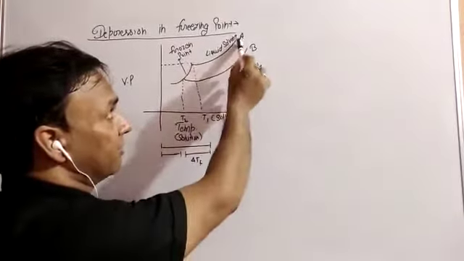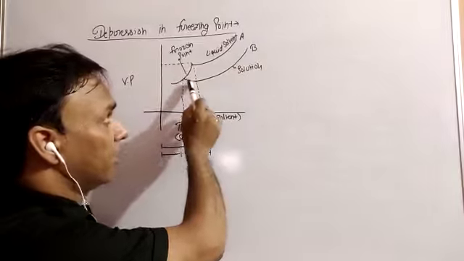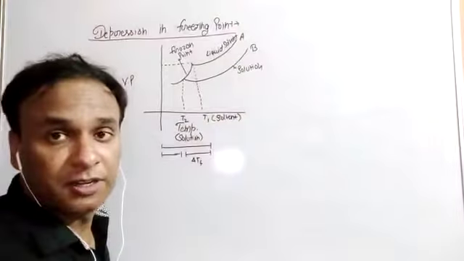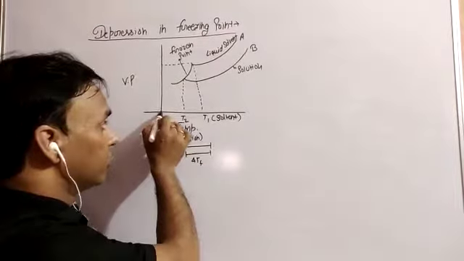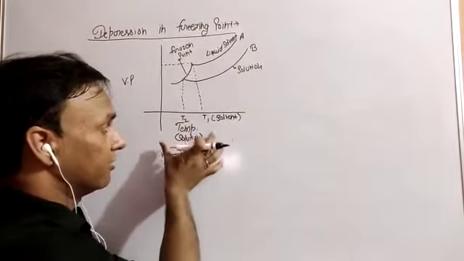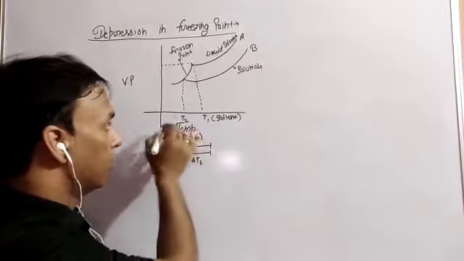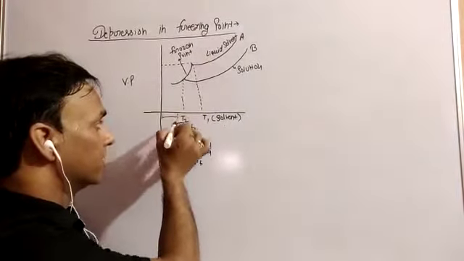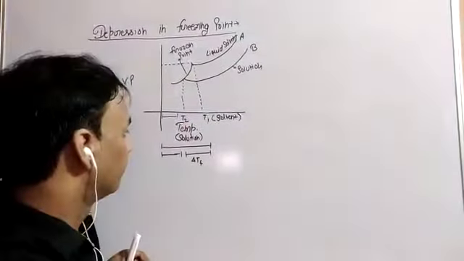This graph represents the liquid solvent, and this is the frozen point, and this is the solution. Clear? Now from the origin to T1, this is the temperature of the solvent, and from this point to this, that is the temperature of the solution. Clear?